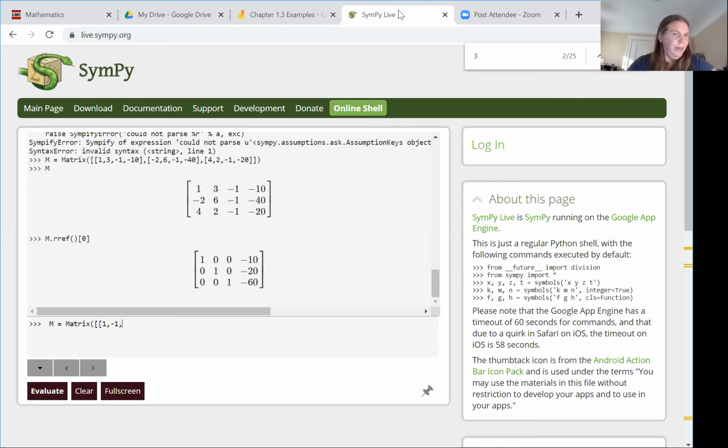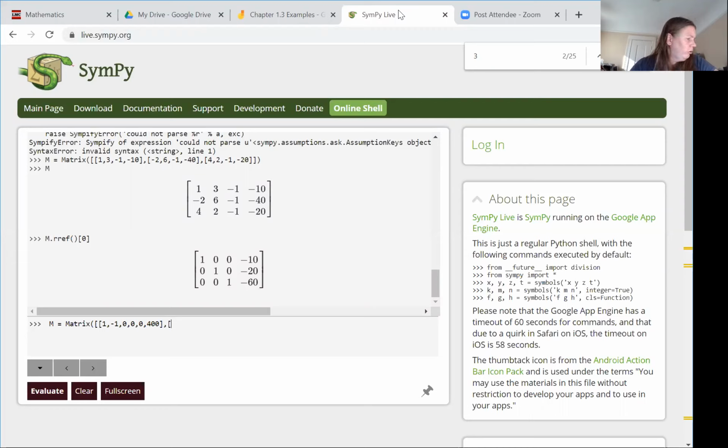1, -1, 0, 0, 0, 400. Now you might notice this equation has 5 unknowns, but only 4 rows or 4 equations. So we're going to have some dependence here.